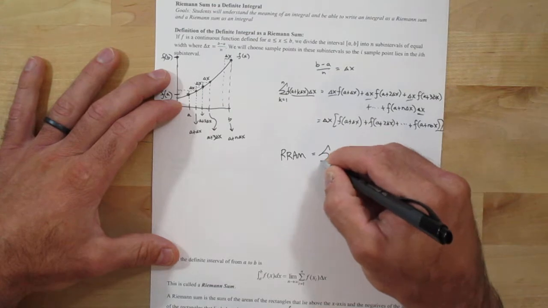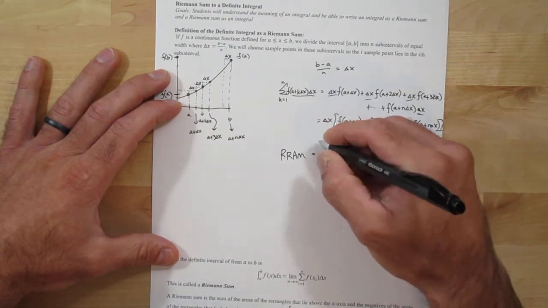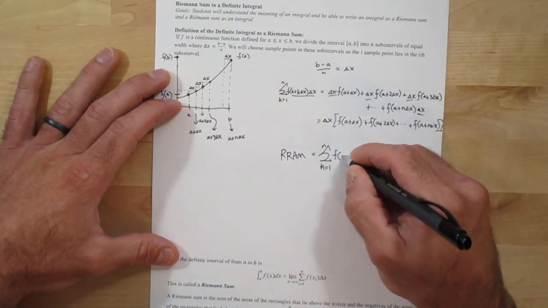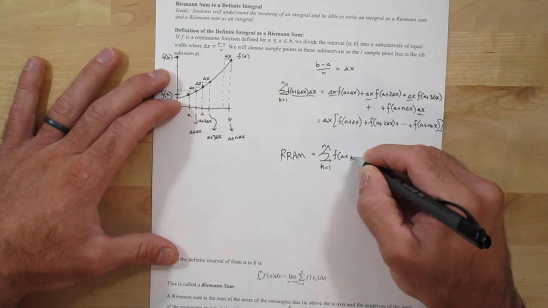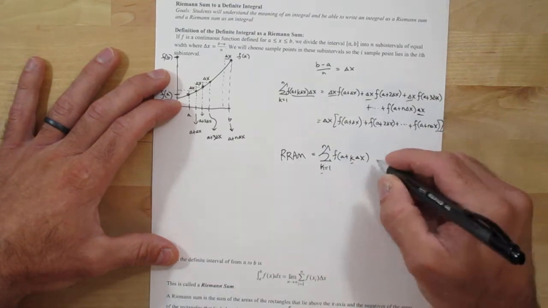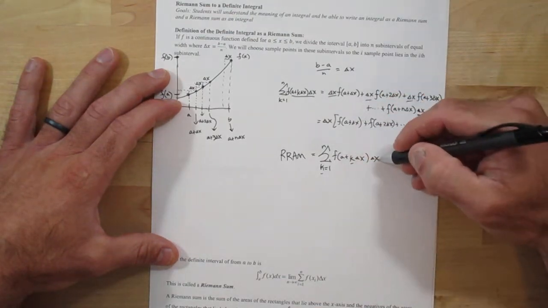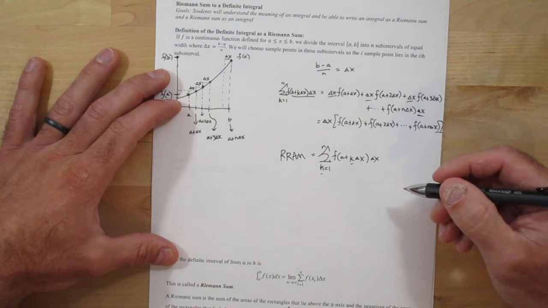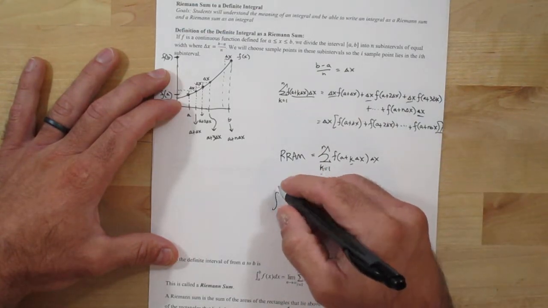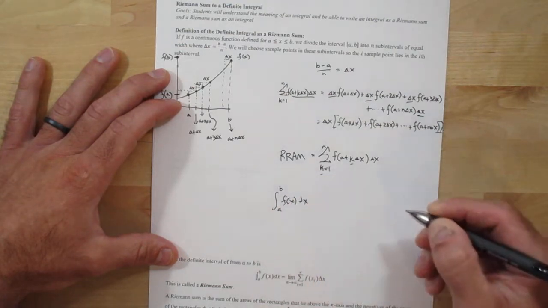It's equal to the sum from k equals 1 to n of f of a plus k delta x, notice these variables match here, times delta x. This is just the sum of all the heights times each of the widths, provided those widths are all the same.